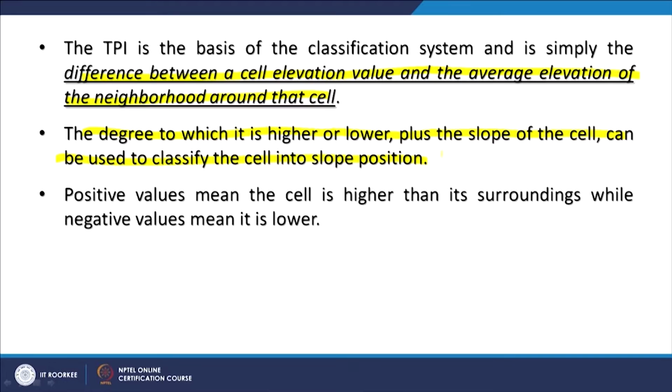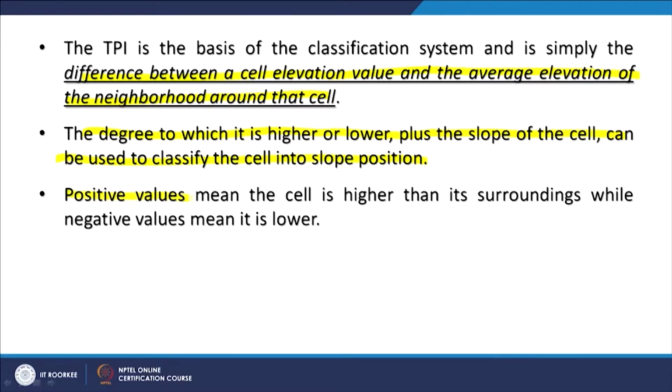So when you are doing it based on slope position, this is how the calculation will be done. And of course, those slope positions can also be classified using landform categories. So the same output can be classified two ways.